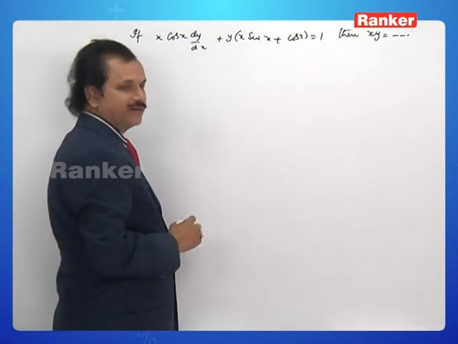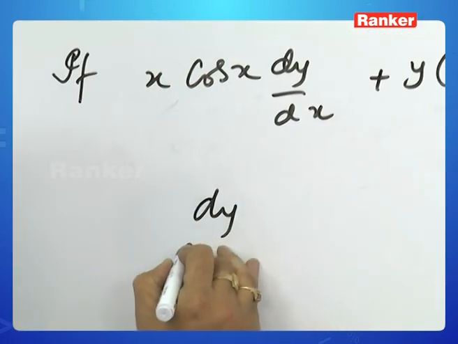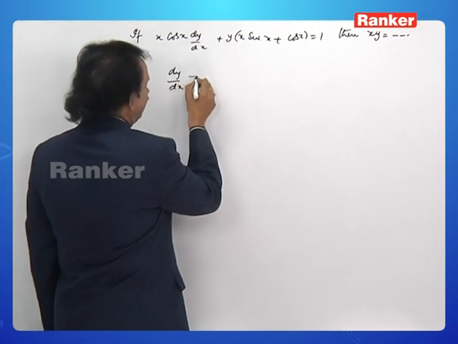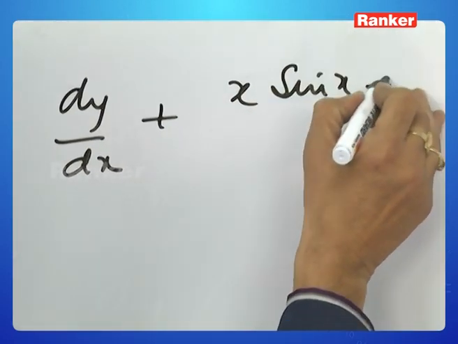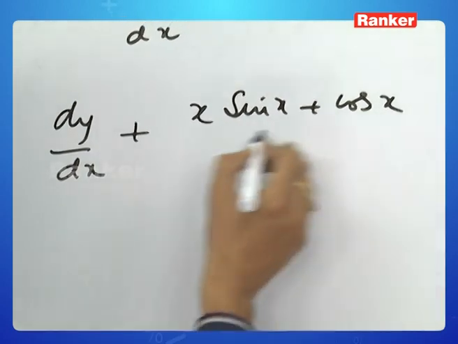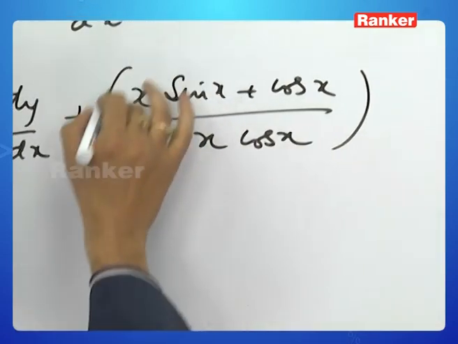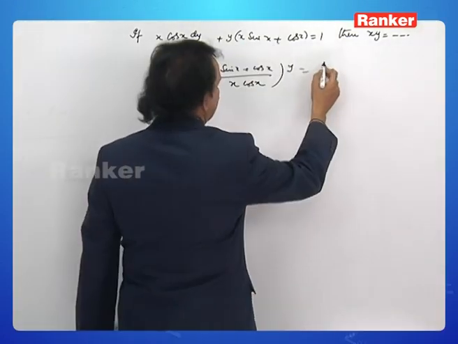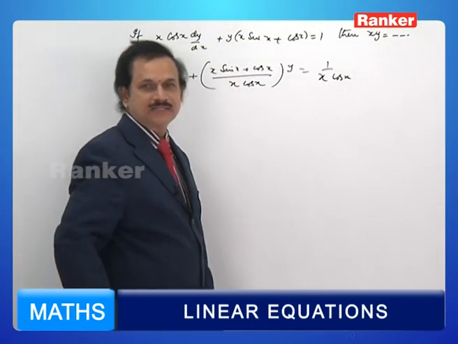Clearly, it is not linear in x, it is linear in y. We can bring it into that form by dividing throughout the equation by x cos x, so that we have dy by dx plus x sin x plus cos x by x cos x into y equal to 1 by x cos x.